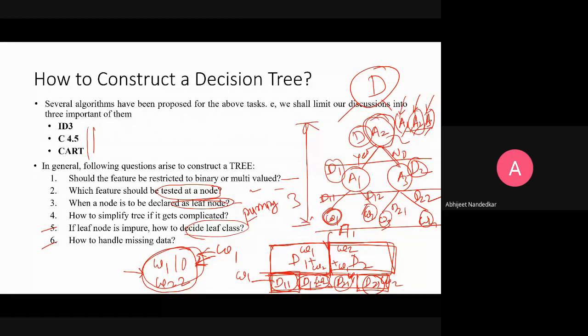So when your tree is very complicated, how do you curtail the branches of this tree so that you make it very simple? Simple is better. When you have a more complicated tree, it indicates that you are overfitting on your training data set. That is, your training error is less, but test error is more.